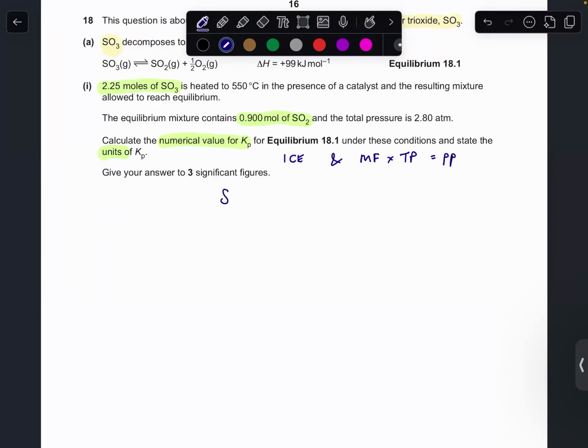You've got the equation here, SO3 gives you SO2 and half O2. Now remember, the ICE table: you've got the initial amount, C is for change, and E is for at equilibrium.